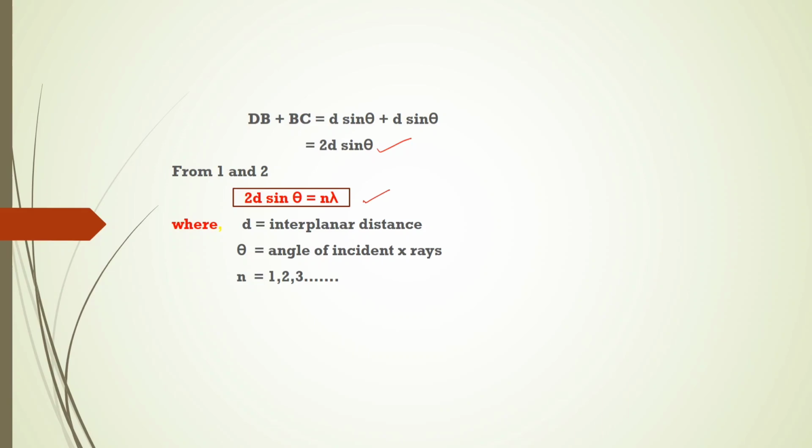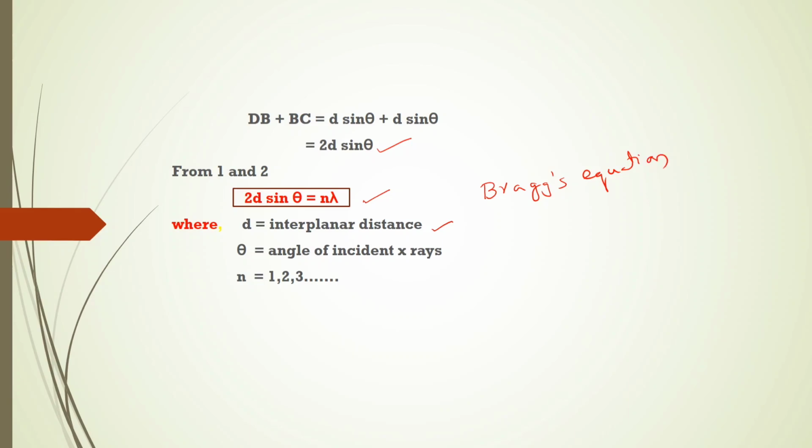So therefore the path difference 2d sin theta is an integral multiple of the wavelength of X-rays. In this formula, 2d sin theta is equal to n lambda, d is the interplanar distance, theta is the angle of incidence of X-rays, and n is an integer 1, 2, 3. So this is Bragg's equation, B-R-A-G-G, Bragg's equation.